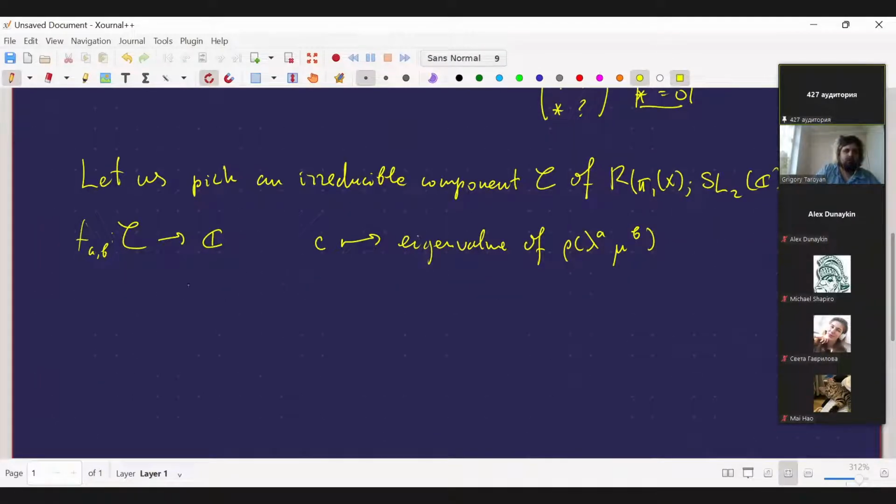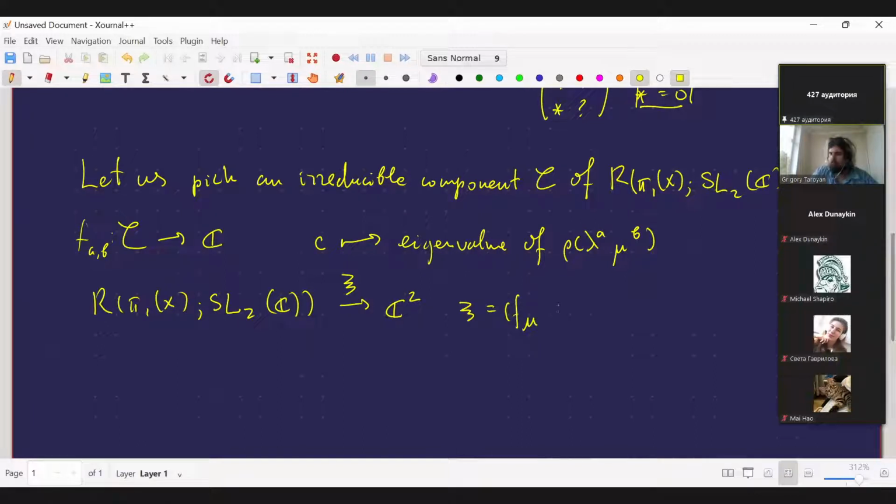After this, we can consider the projection of R P1 of X, etc., to C squared, which will be denoted by psi, and psi is given by F mu of rho, F lambda of rho.